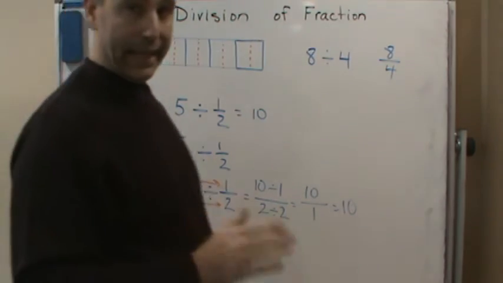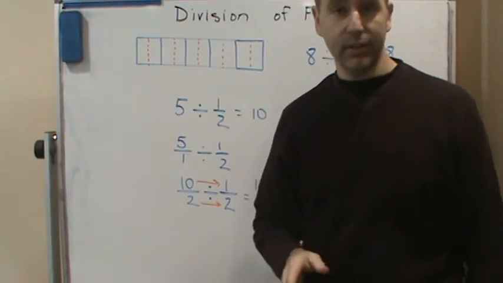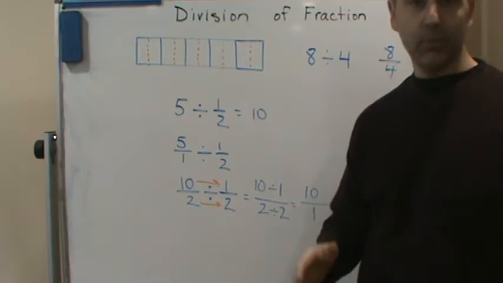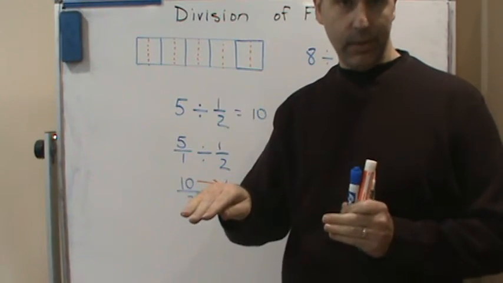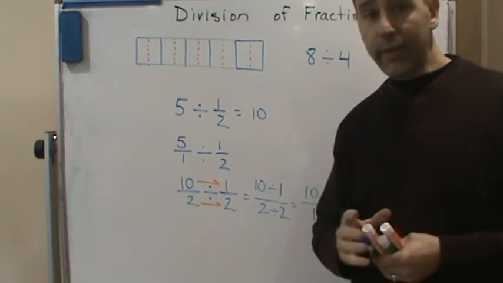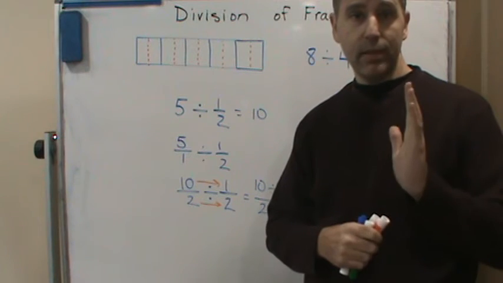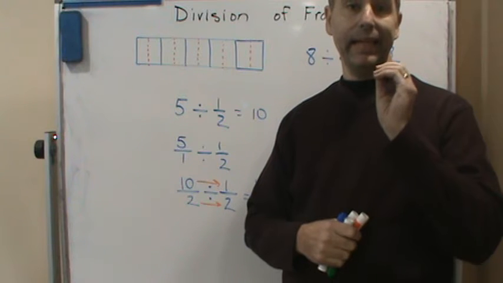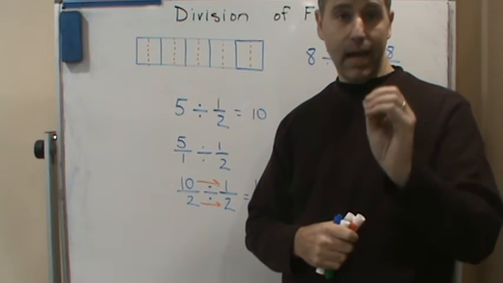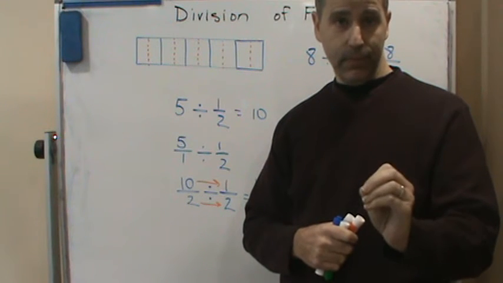So we can divide fractions like we multiply fractions, because remember, in multiplying fractions, we multiply across the top and multiply across the bottom. We can do that with division only if the denominators are the same.